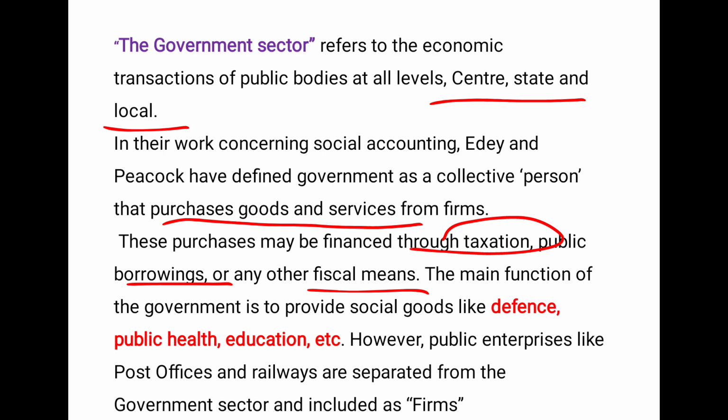So here we should give protection to the people. Defense should be taken care of. Public health of the people should be taken care of. Education of the people should be taken care of. For all this the government is supposed to spend.